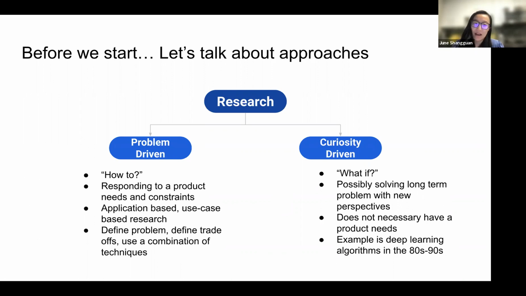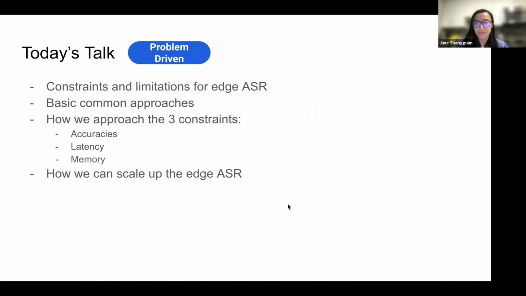But if you're a problem-driven researcher like I am, you are trying to characterize the problem you face, characterize the constraints, and then figure out how you're going to solve each of the constraints. And so today we're going to approach low latency speech as a problem-driven research problem.